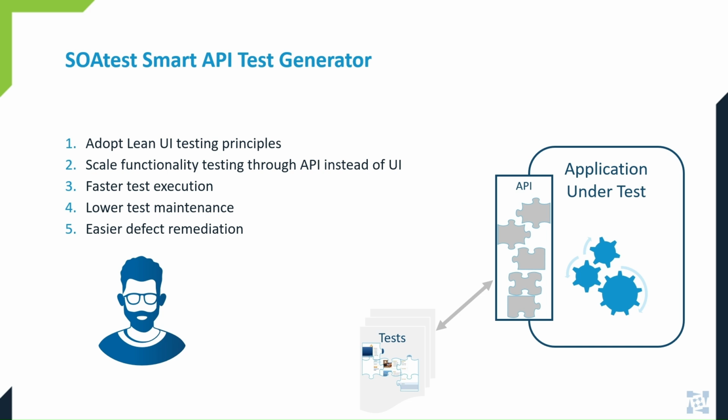It enables teams to more easily scale their test automation and reach that higher level of test velocity due to API tests being faster to execute, having a lower maintenance cost as APIs are more resilient to change, and because API test cases are closer to the code base, it makes it much easier to remediate any defects that are found. So, Ramiro, why don't we next do a deep dive into the demo?